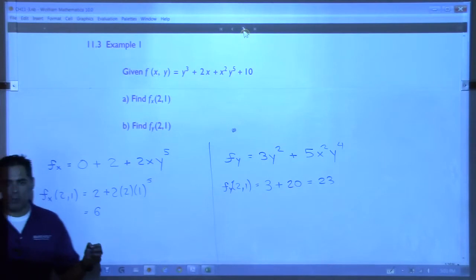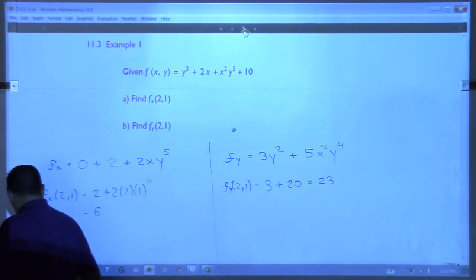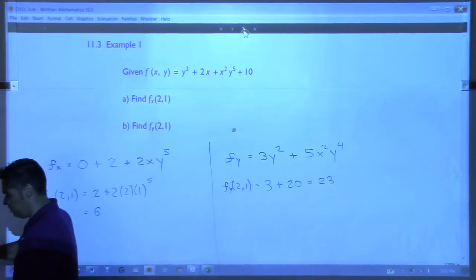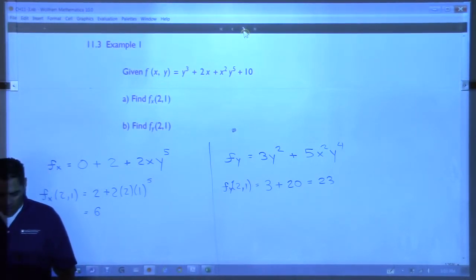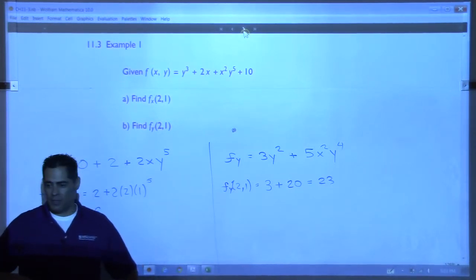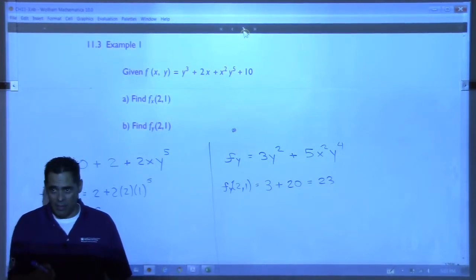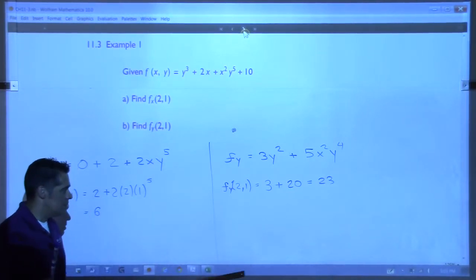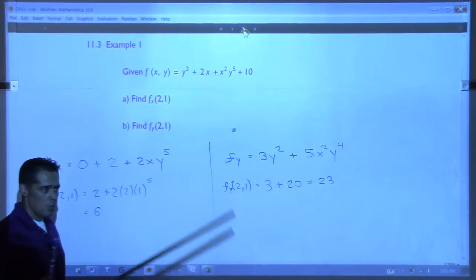I'm going to do a visual again for you. I know you get it. Maybe you get it. Maybe you don't. But check this out. I'll go out 2, move over 1, plug that into the function. I'm standing up on this surface, right? If I take a step in that direction, I have a slope of 6, right? Pretty steep. But if I take a step in that direction, I have a slope of what? 23.